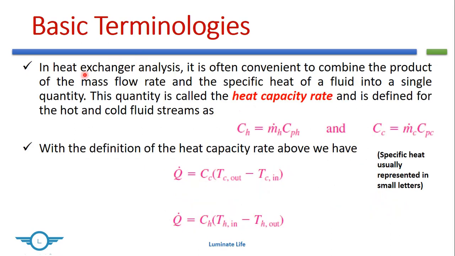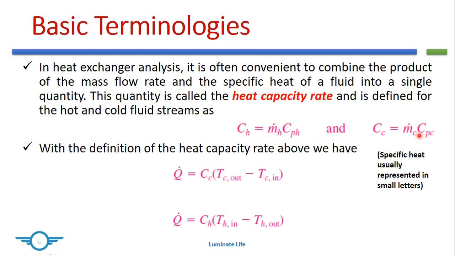So in this heat exchanger analysis, it is often convenient to combine the product of mass flow rate and the specific heat of the fluid into a single quantity. This quantity is called the heat capacity rate and is represented by capital letters Ch and Cc, where Ch and Cc are nothing but the product of mass flow rate and specific heat.